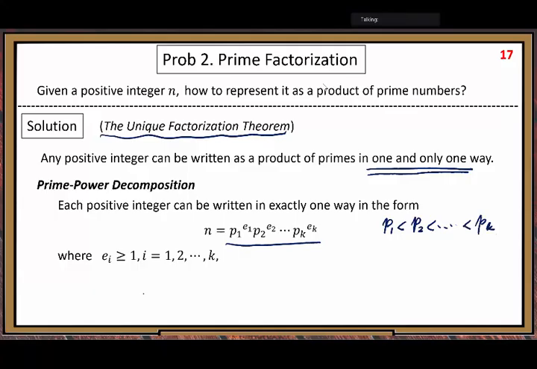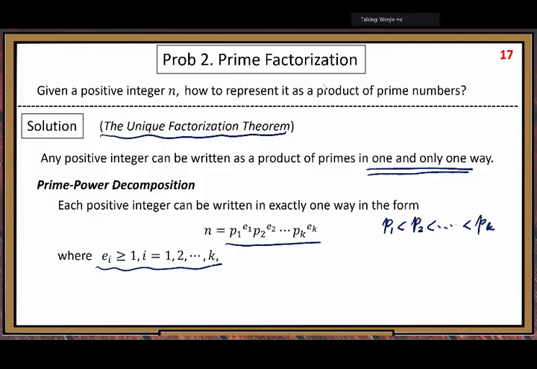Then the exponents E are numbers greater than or equal to 1. They cannot be 0, so we remove those. This is the standard form, and we call it prime power decomposition.